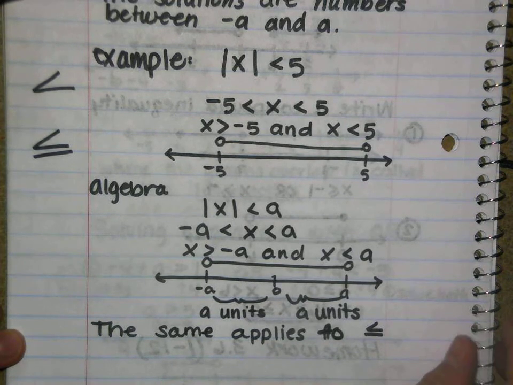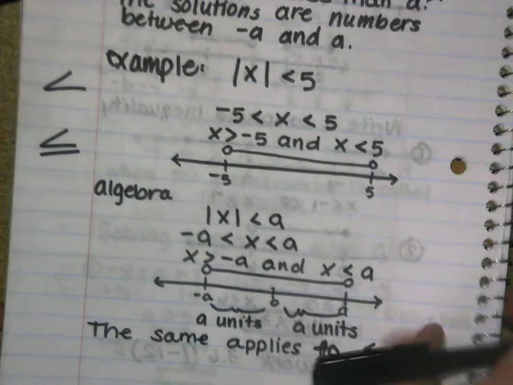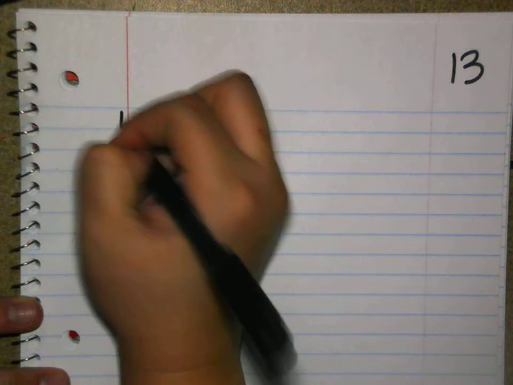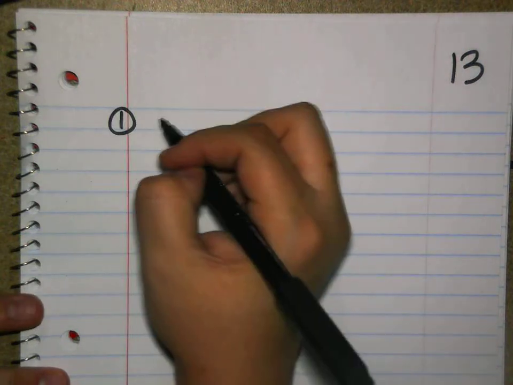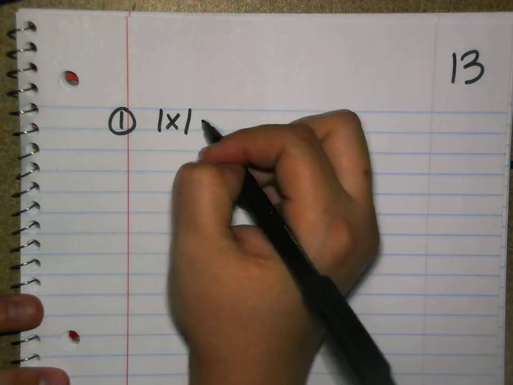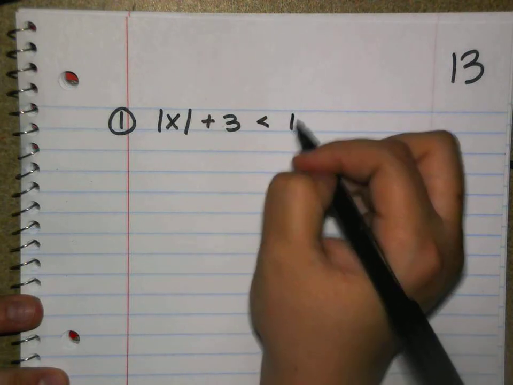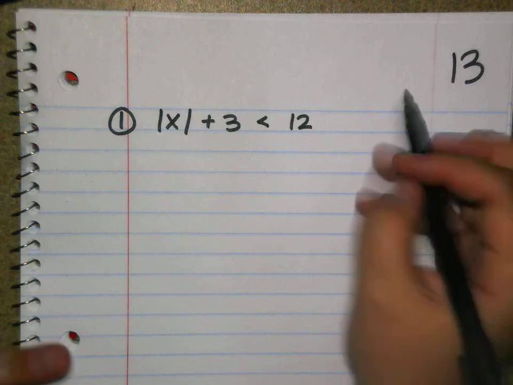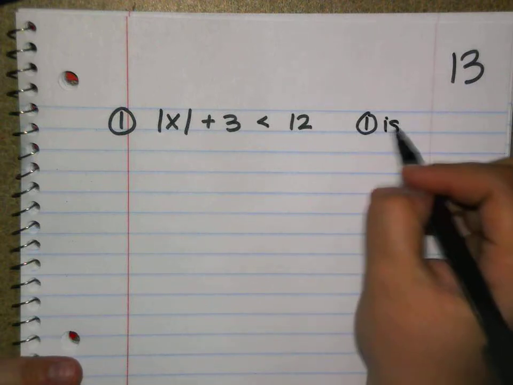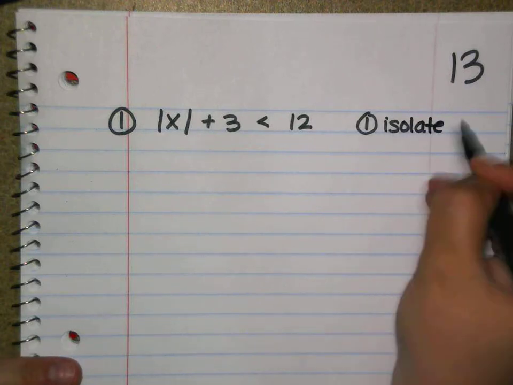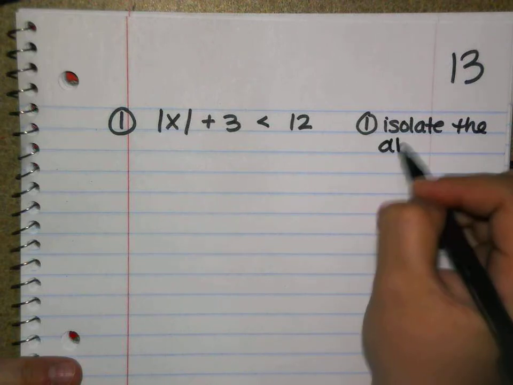Okay, so another example, again, continuing on number 13. An example could be the absolute value of x plus 3 is less than 12. Remember, the first thing we need to do is isolate the absolute value. We want to do that before we graph, or before we split or whatever.